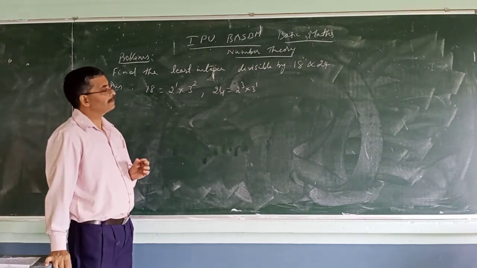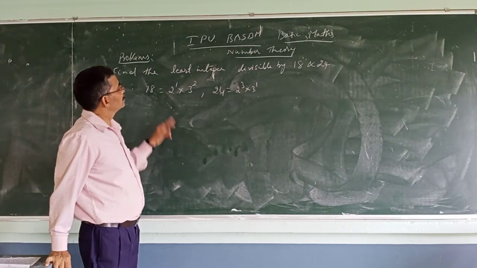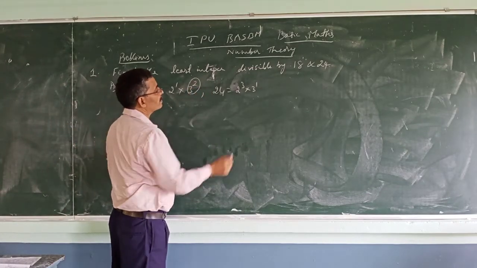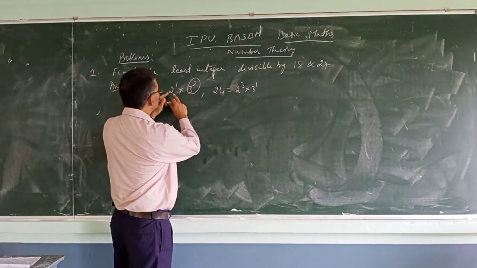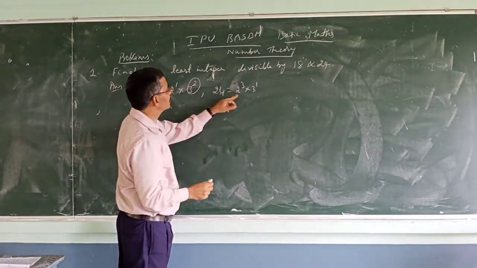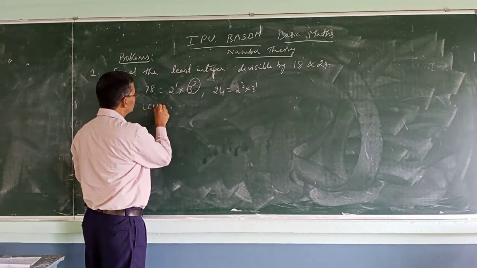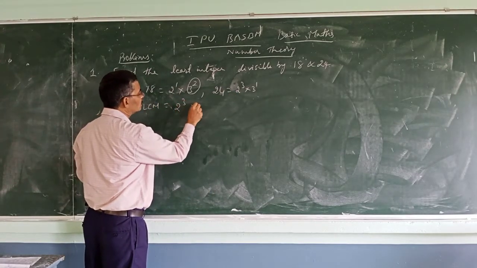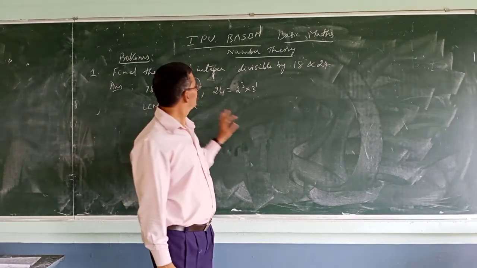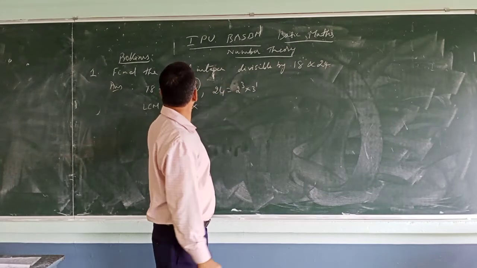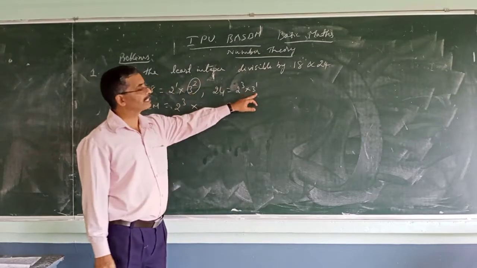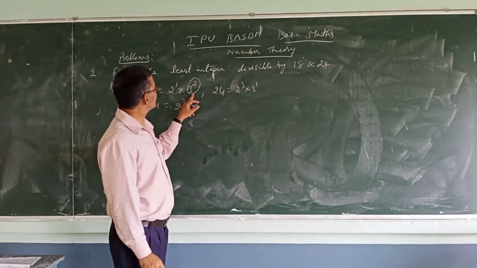So how to get the LCM? You have to take the highest power of all the factors. Here we have 2 to the power 1 and 2 to the power 3, so take 2 to the power 3. For 3, we have 3 square here and 3 to the power 1 there, so take 3 square.